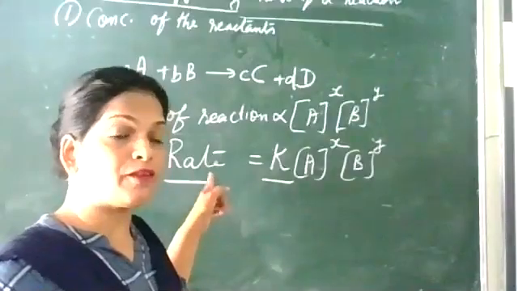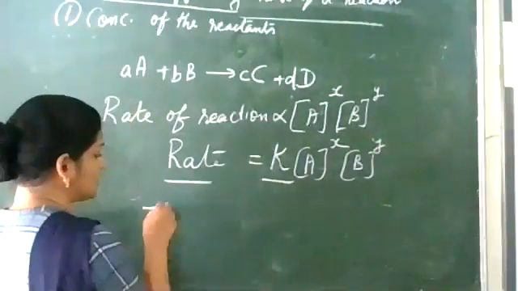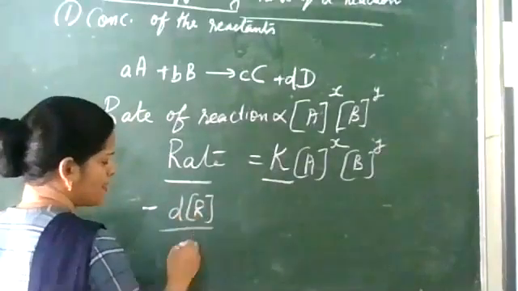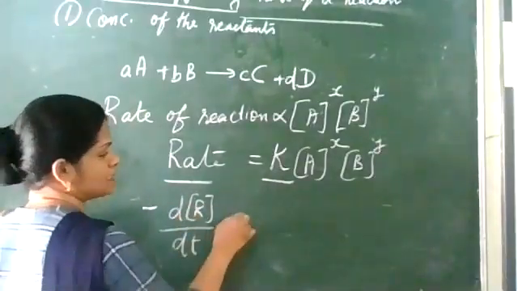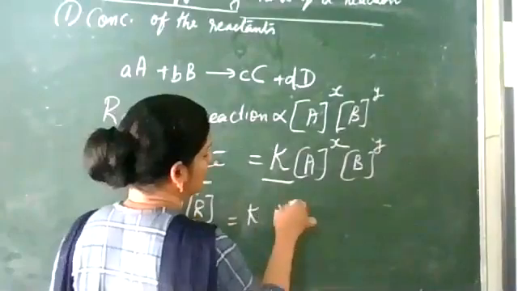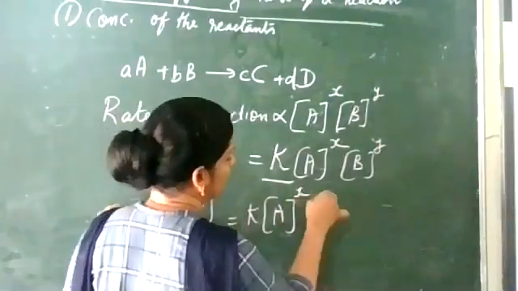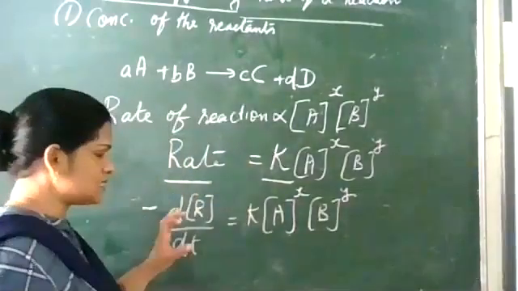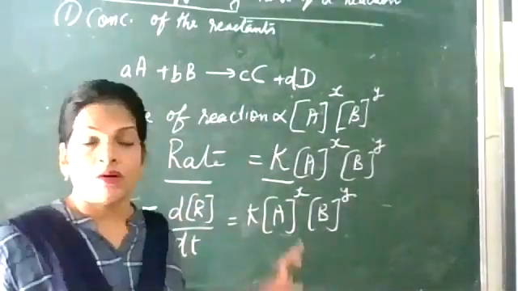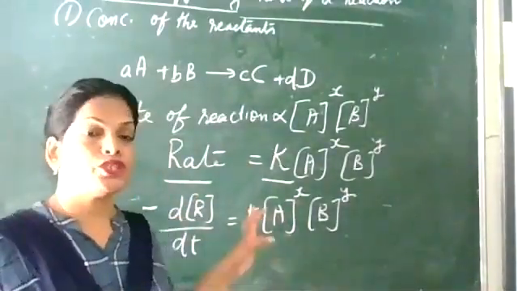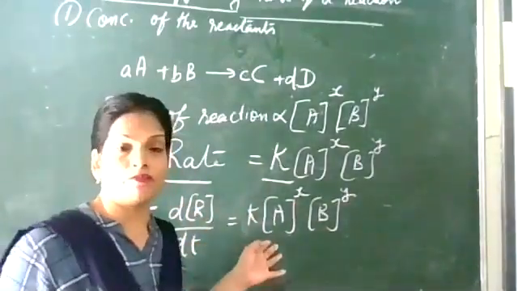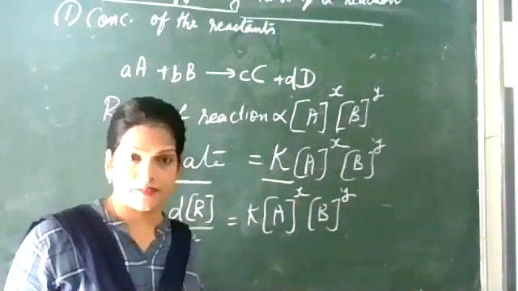In the case of reactants, we have to put a minus sign: minus d[R]/dt is equal to k [A]^x [B]^y. This expression shows the rate of the reaction in terms of concentration of the reactants.